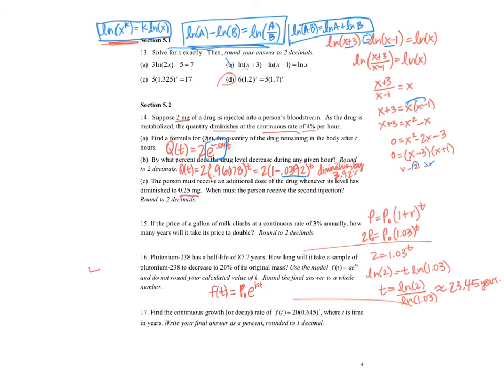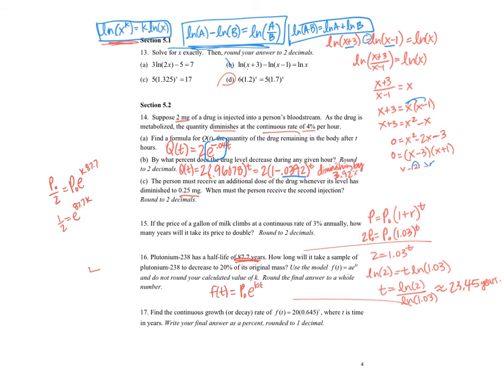But I do know that the half-life is 87.7 years. So I know that when I get P naught over 2, that's going to be equal to P naught e to the k times t, where t is 87.7. So I could divide both sides by P naught. I'm going to get 1/2 is equal to e to the 87.7 k.